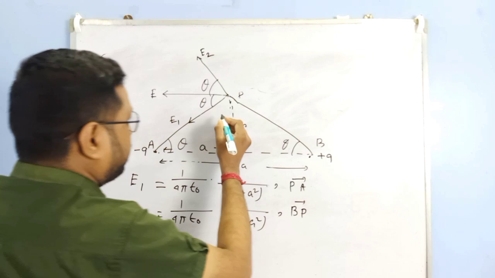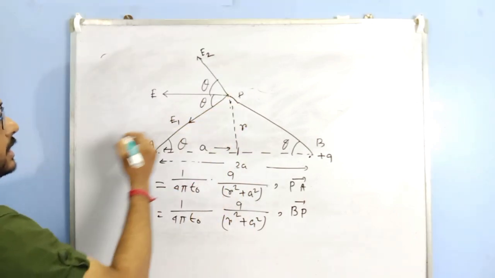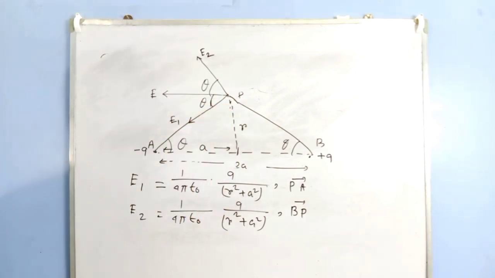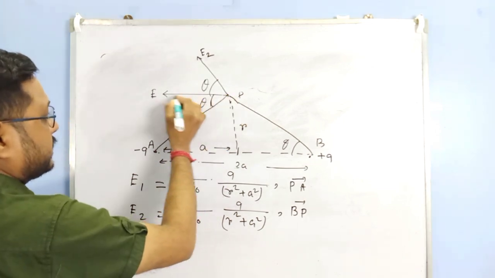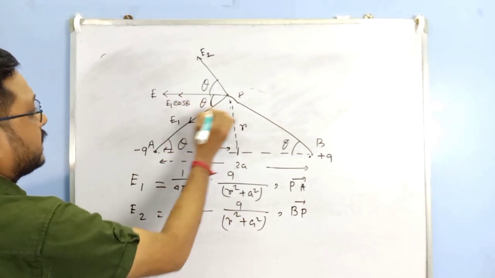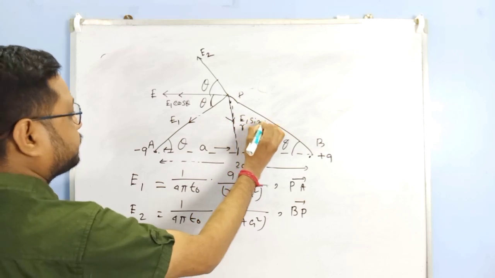So if we take the value of E1 along this direction and this is theta, if we resolve E1 in two perpendicular directions, then this is E1, this is theta. So in this direction we can get E1 cos theta, and along this direction we can get E1 sin theta.